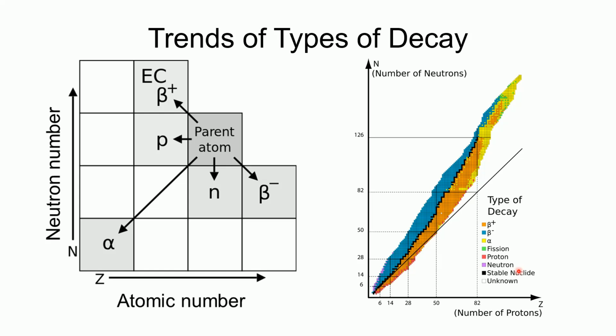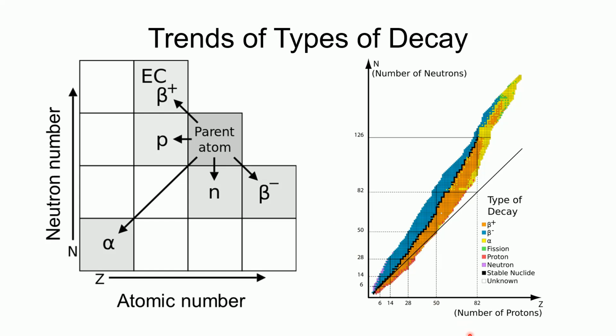Those numbers are sometimes called magic numbers, but there's nothing magical about them. They're just configurations that tend to be stable. That's when we have either 2, 8, 20, 28, 50, or 82 protons. We'll find that there are more isotopes of those particular elements, or 2, 8, 20, 28, 50, 82, or 126 neutrons. Those tend to be more stable as well.